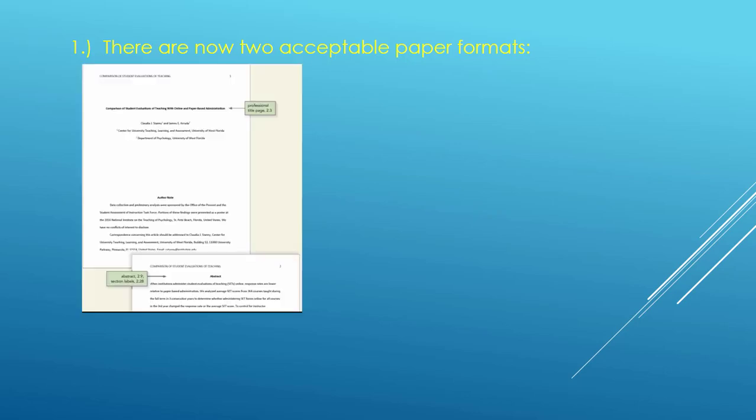So one of the first big changes that has taken place with APA 7 is that it has now set up and accepts two different paper formats. The screenshot on the left shows you what has been our traditional setup. You'll notice near the top that we still have the running head.